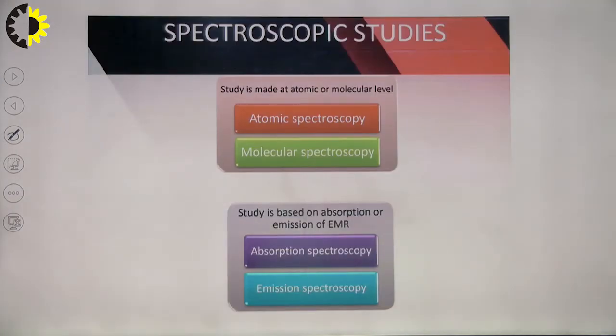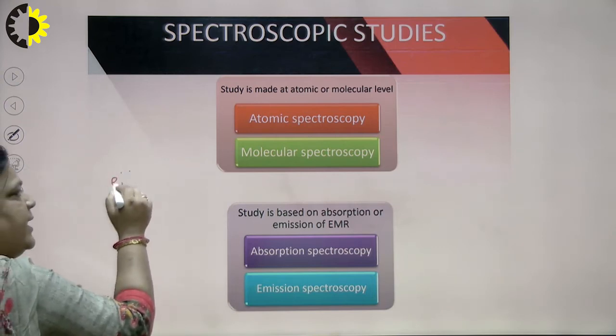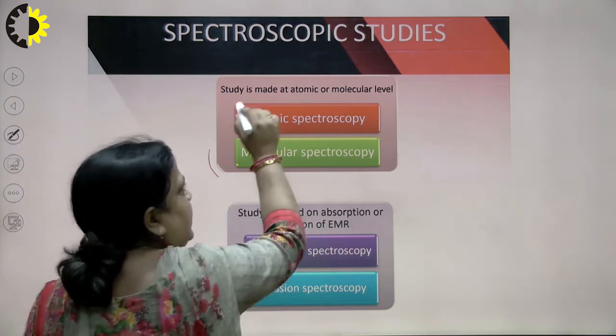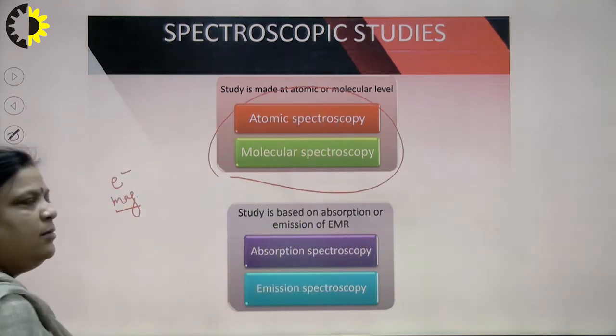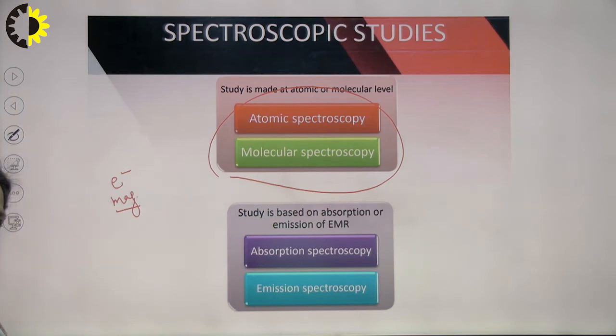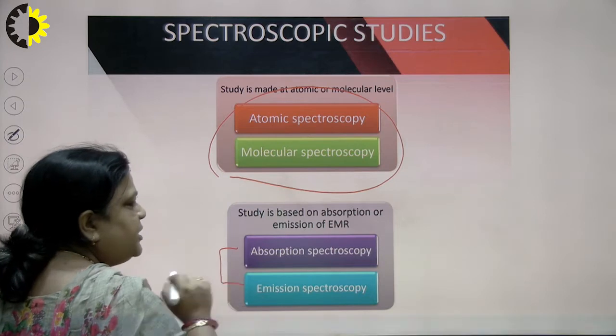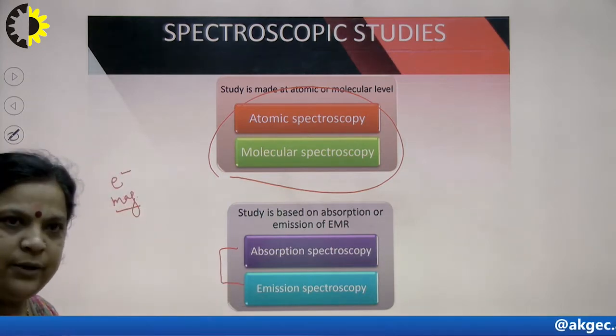Now, spectroscopic techniques. There are various types of spectroscopic techniques, such as electronic spectroscopy and magnetic spectroscopy, but here we discuss only atomic spectroscopy and molecular spectroscopy. And on the basis of emission or absorption, we may say absorption spectroscopy or emission spectroscopy.